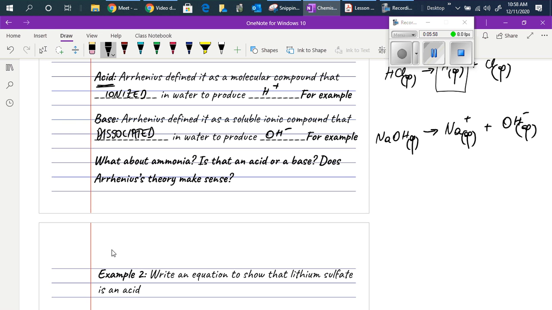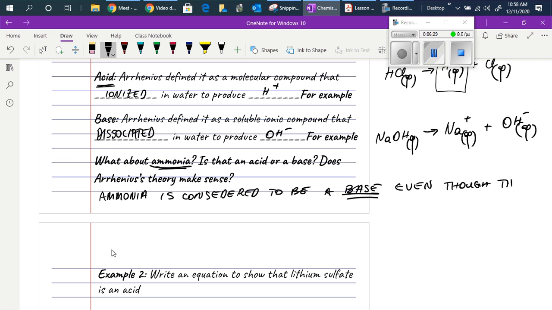So ammonia is considered to be a base, but it doesn't produce hydroxide.